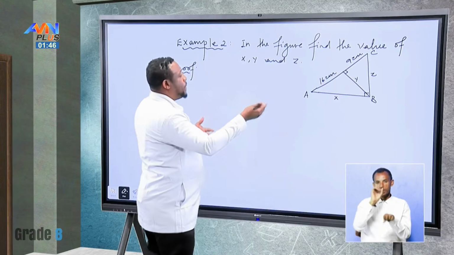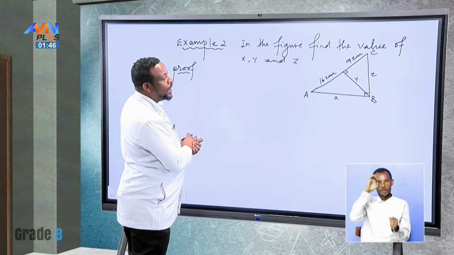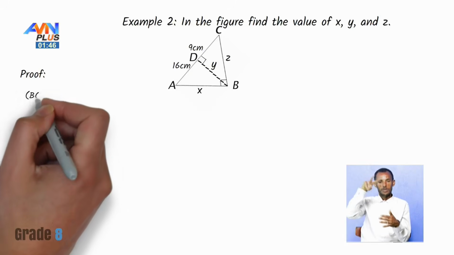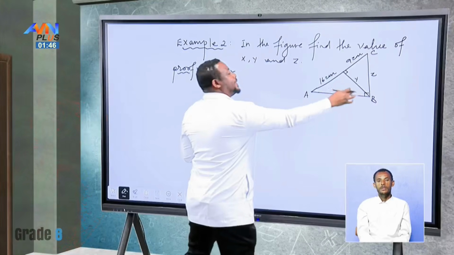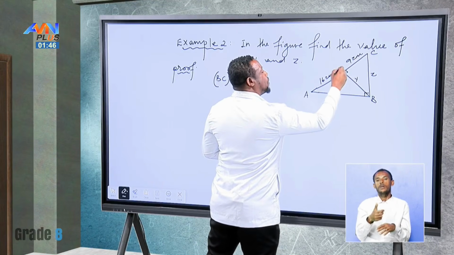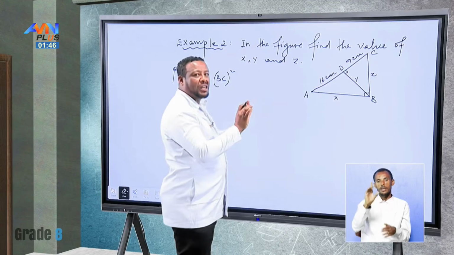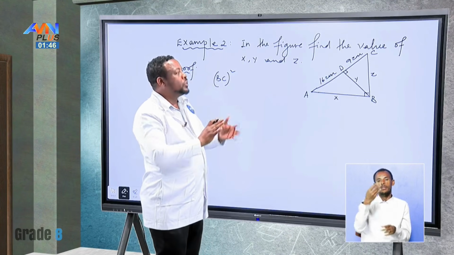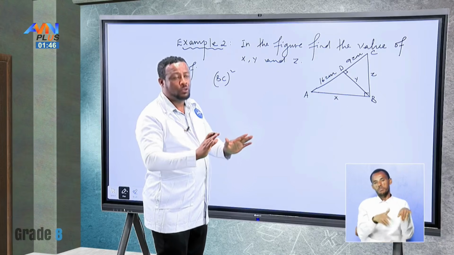So, based on Euclid's formula, BC square is the product of the adjacent segment, called, this is D. Okay, you can give a name for each vertex. If not, you can skip it. That is up to you.